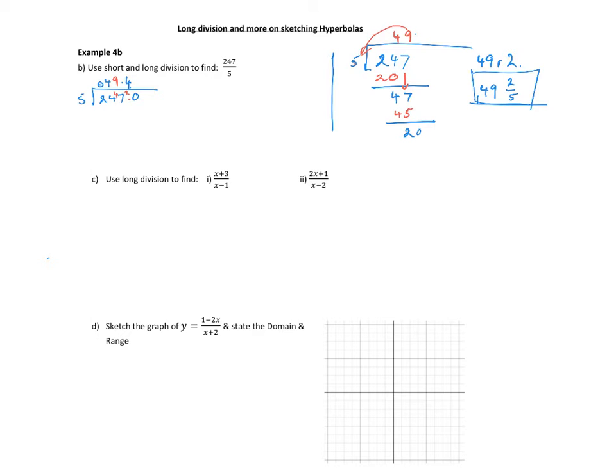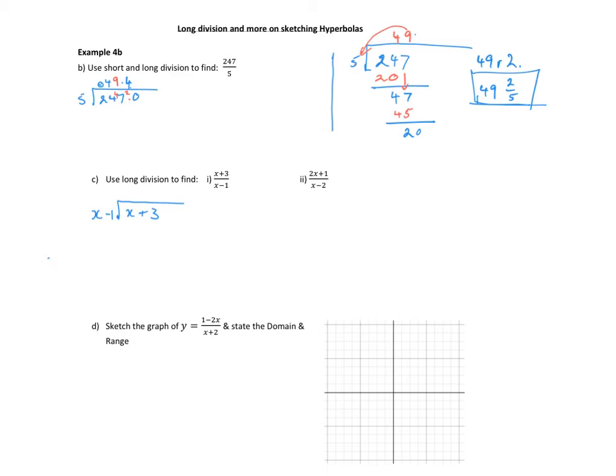Okay? Now, what I'm going to try and show you now is using this long division approach to do the same thing with polynomials. So, we're only going to do it very basic with these ones. x minus 1 goes into x plus 3.